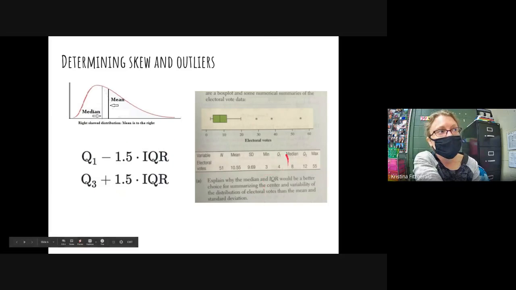As long as you have your summary statistics, you can find the IQR, which is the difference between your quartiles, and then multiply it by 1.5, subtract, add, and then you're good to go. If anything falls outside of this number or this one, then it's an outlier. So always make sure you're doing that part.